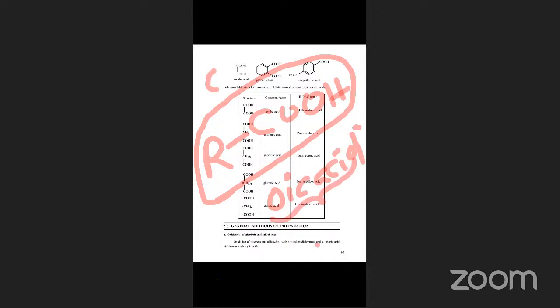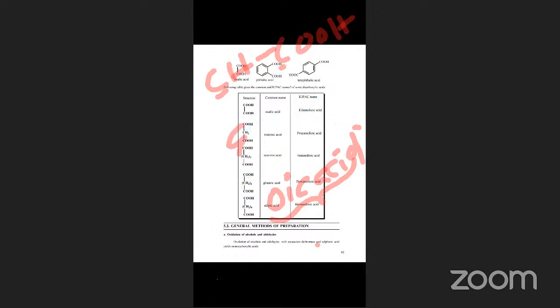You know that CH3COOH. How many carbons are there? 2 carbons. 2 means what is the name? Eth. Ethanoic. Single bond or double bond? Single bond. Single bond means ane. COOH, the name ends with eth plus ane plus oic acid.